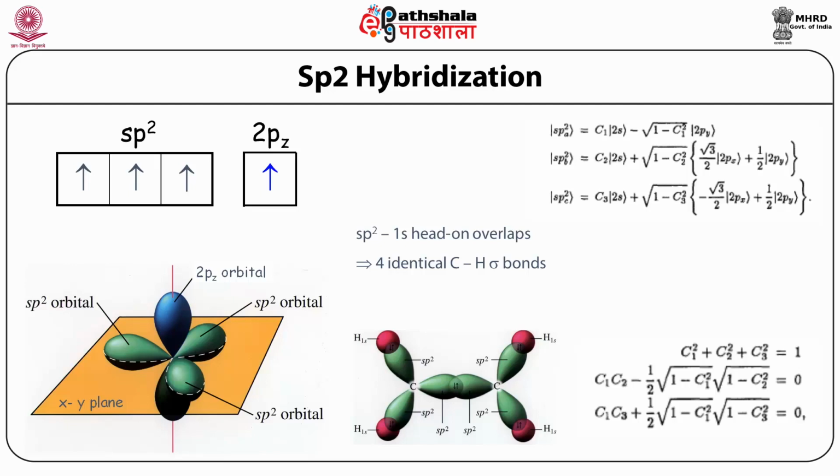Sp2b is equal to C2 2s minus root of 1 minus C2 square multiplied by root 3 by 2 2px plus half 2py.